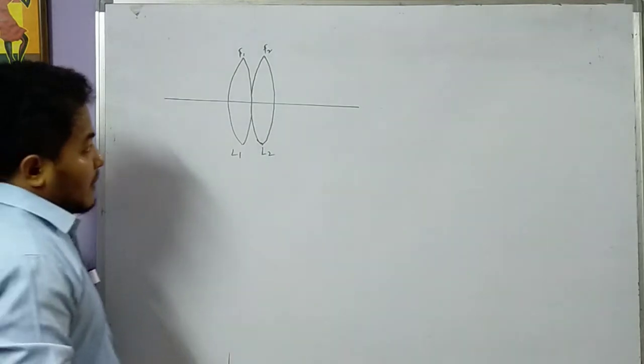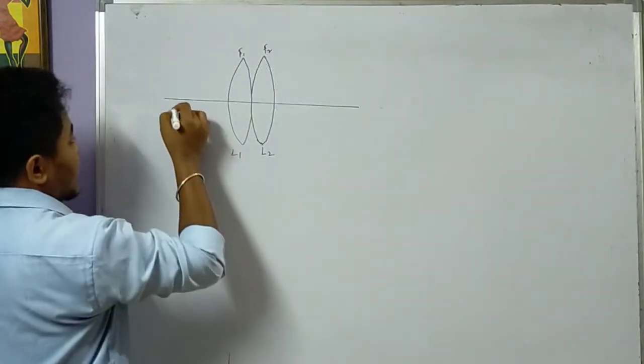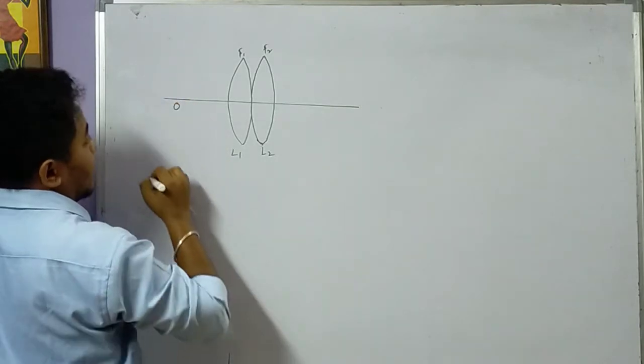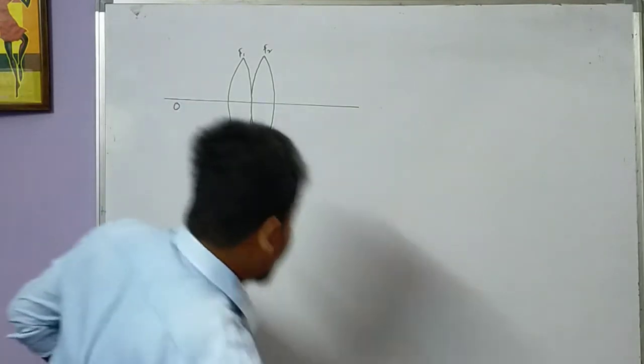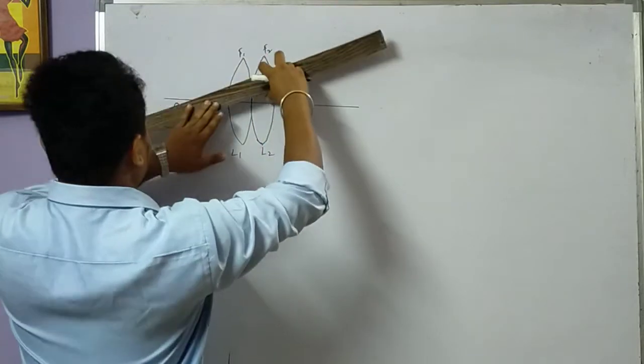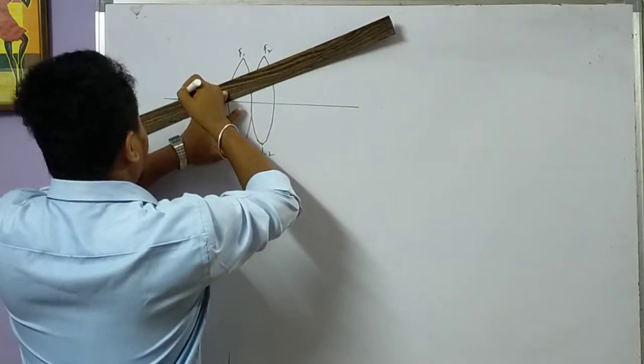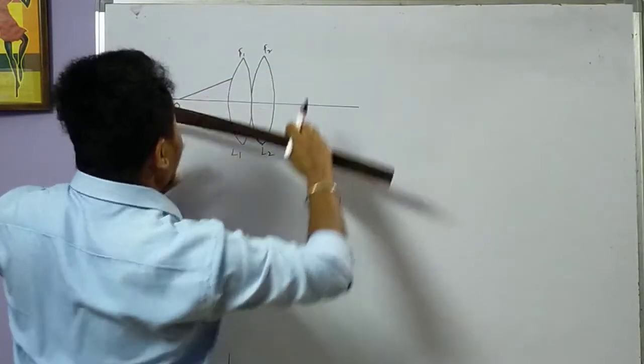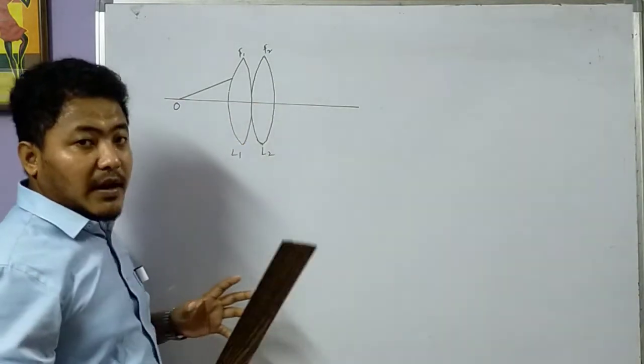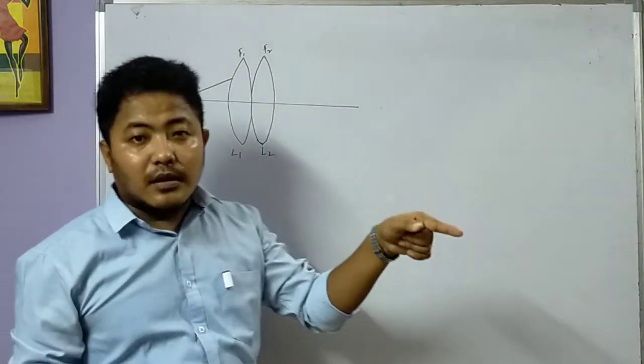Now what will happen in this case? If I consider an object here, and from this object a ray of light is coming here, and if I assume that this lens is not available now.